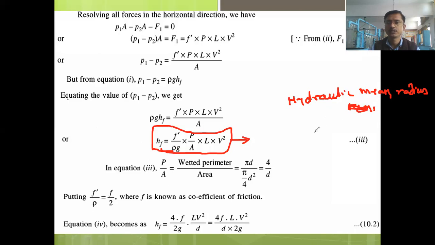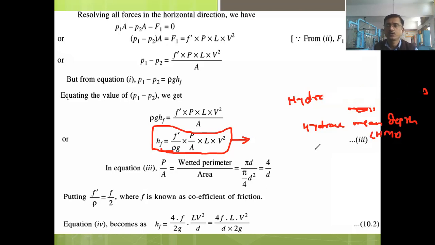This is called the hydraulic mean radius or hydraulic radius or hydraulic mean depth, or in short, HMD. Some authors use the notation m to represent this term, and the hydraulic mean depth or hydraulic radius is the ratio of wetted area to wetted perimeter. Whatever area and perimeter there is, you take this ratio A upon P.